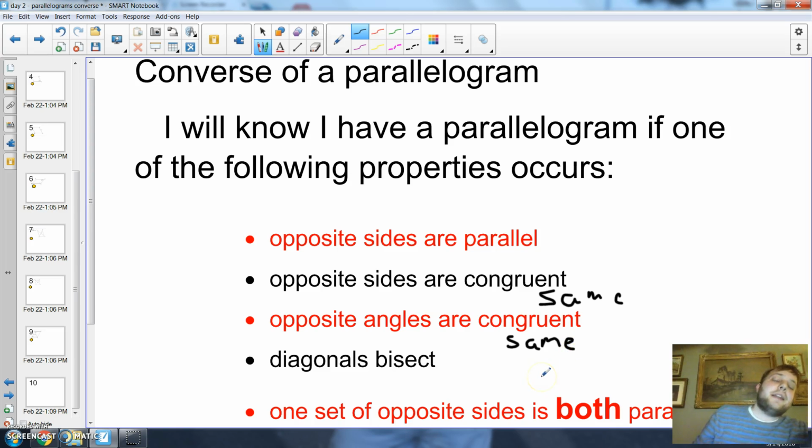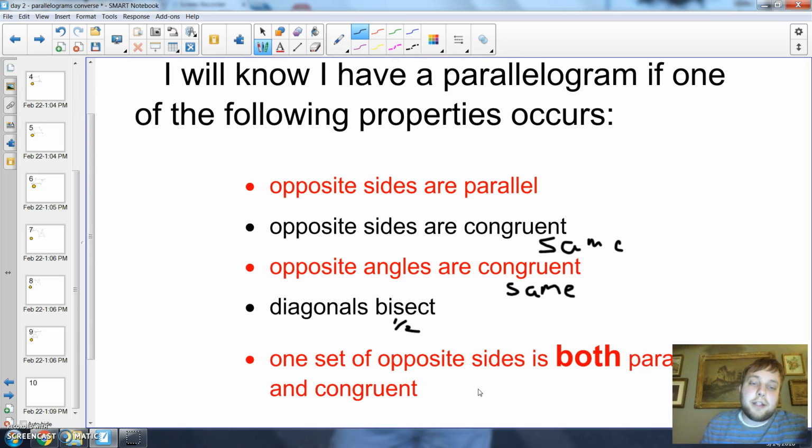If diagonals bisect, now remember those diagonals, they cut through from corner to corner. We talked about this yesterday. And if the diagonals are exactly cut in half, because that's what bisect means, it means cut in half, then we know it's going to be a parallelogram.